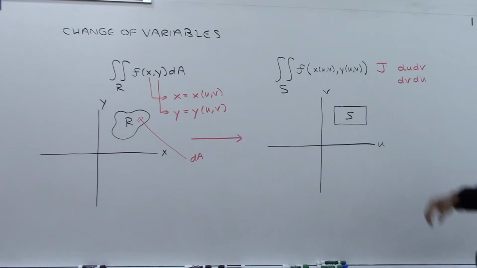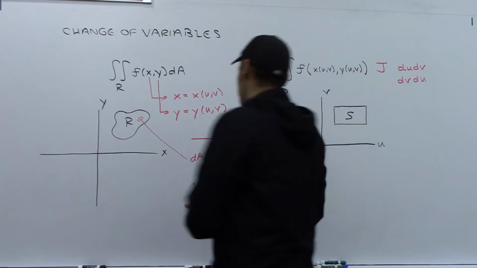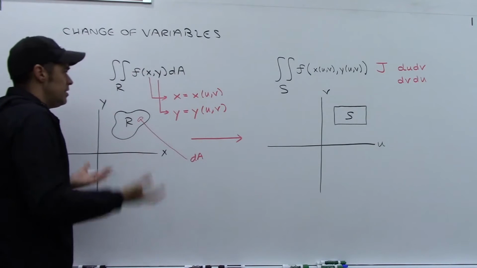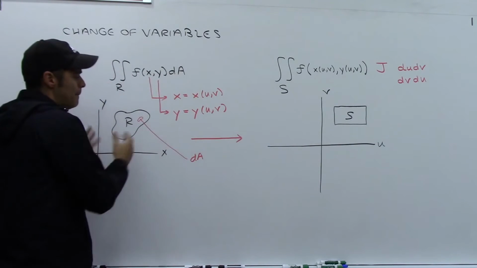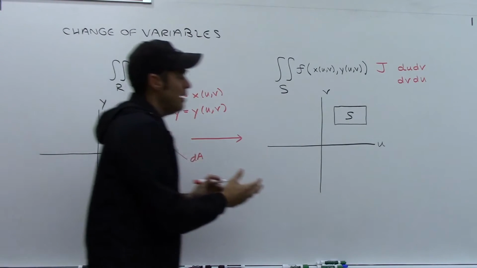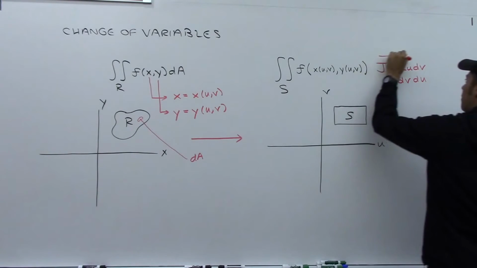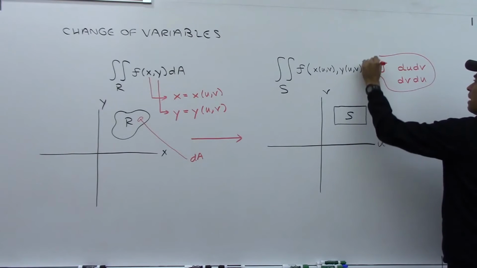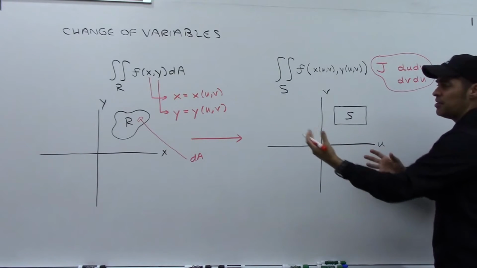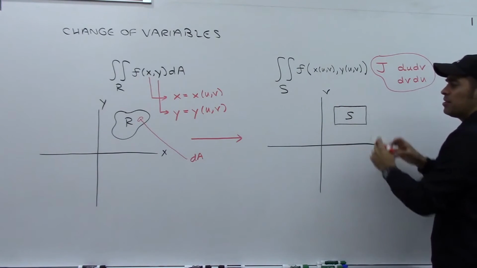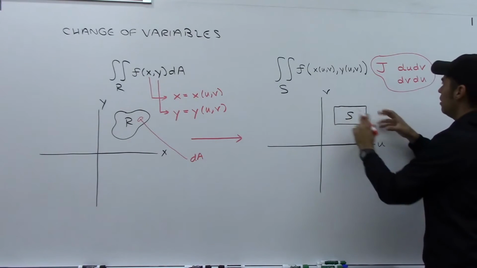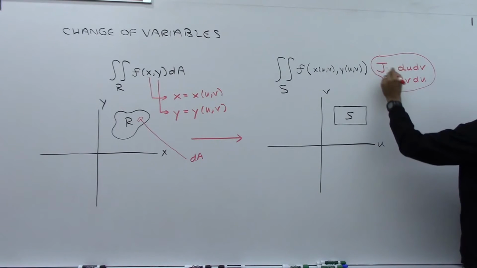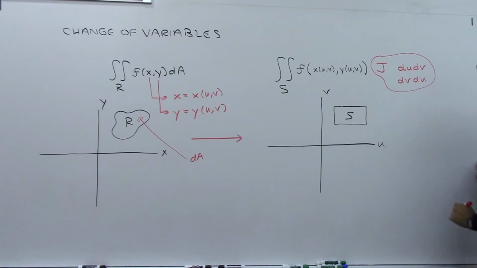But this Jacobian is kind of like the give and the take. You're allowed to switch the variables over to something new, but you may have to multiply these differentials by something to account for the scaling of the region, either the shrinking or the contracting or the deforming of that region. To make it work, you've got to have this factor of J in here.